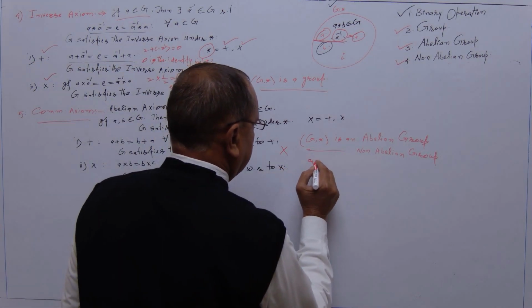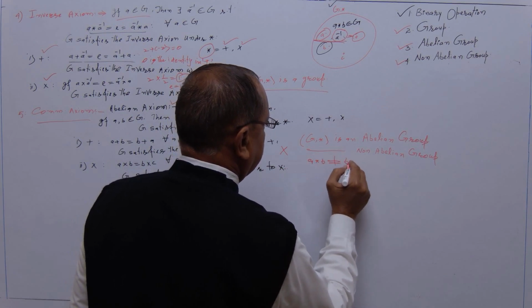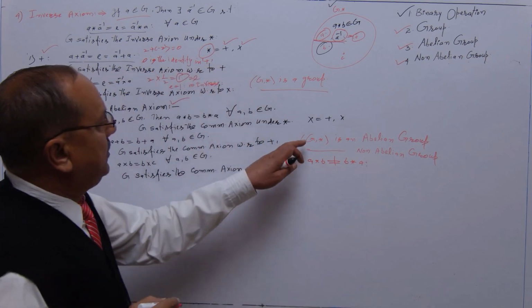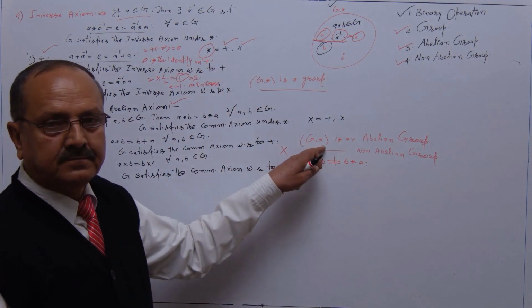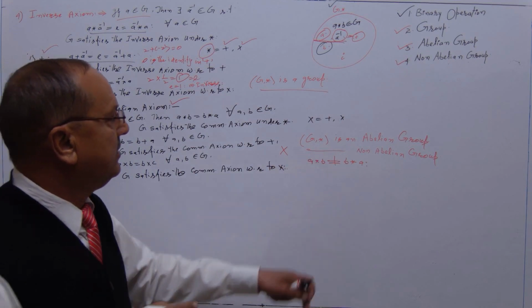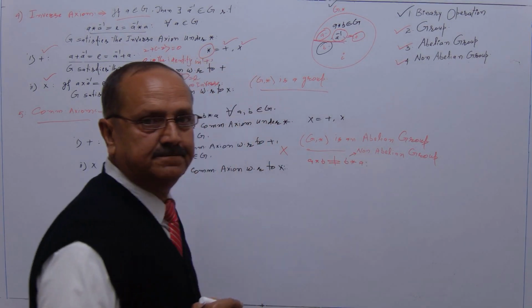If A star B is not equal to B star A, then the given group G under operation star is non-Abelian, then it is a non-Abelian group.